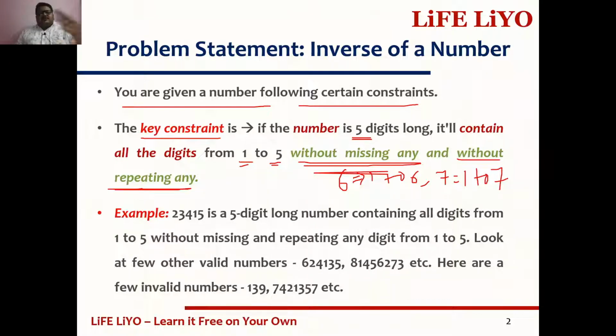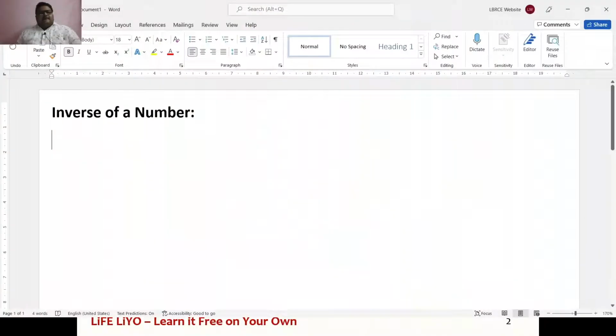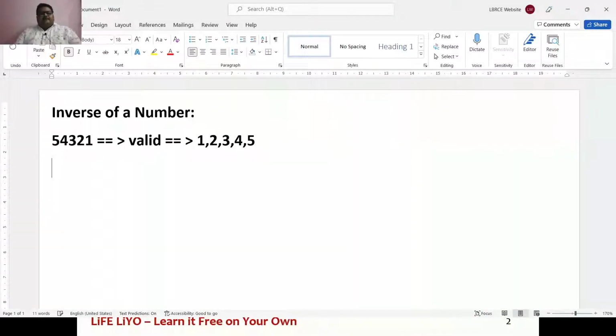Let us take some simple examples. If I take 5, 4, 3, 2, 1, yes, this is valid because it consists of 1, 2, 3, 4, 5. If I take 1, 2, 5, 8, 7, 6, 4, 3, then it consists of 1, 2, 3, 4, 5, 6, 7, 8.